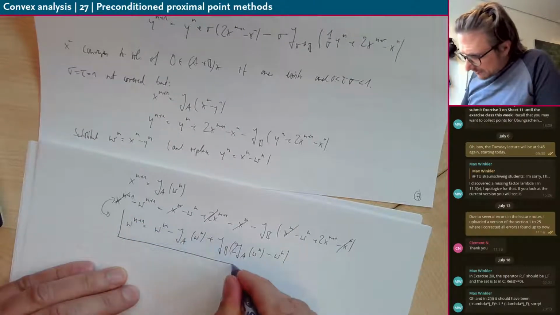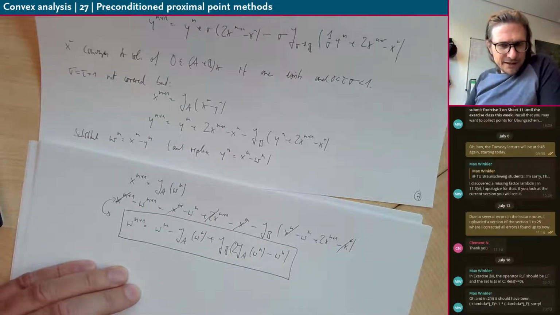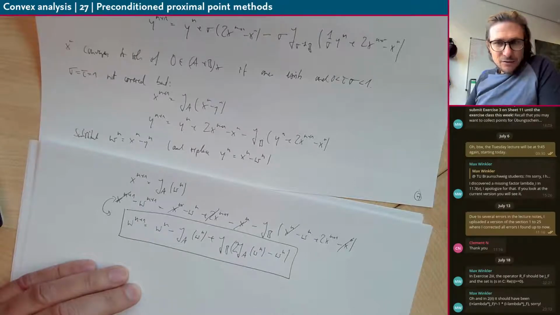And this is just one iteration which does not contain any x or y anymore. It's just one iteration in w.